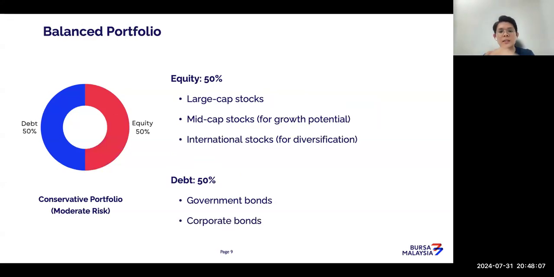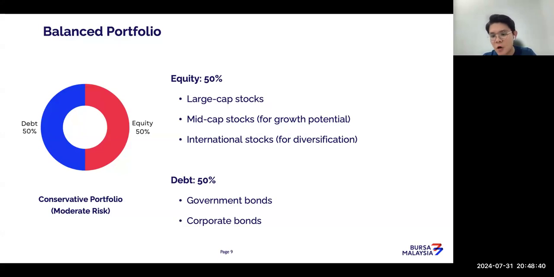Another one is the balanced portfolio. A balanced portfolio seeks a middle ground between risk and return, with a 50-50 split between equities and bonds. The equity portion includes large-cap stocks for stability, mid-cap stocks for growth potential, and international stocks for diversification.